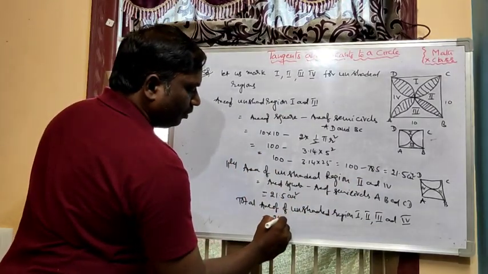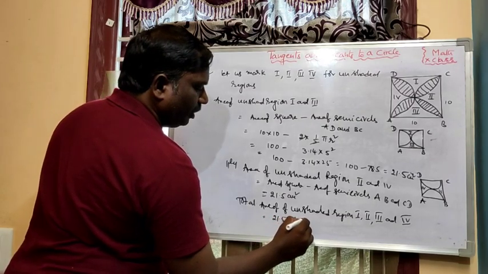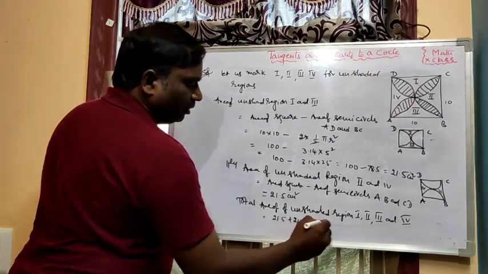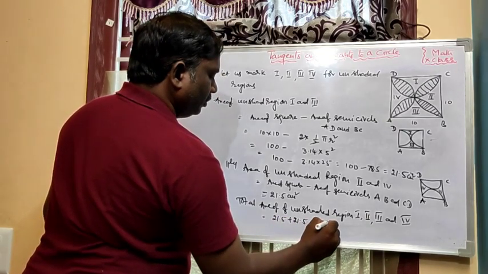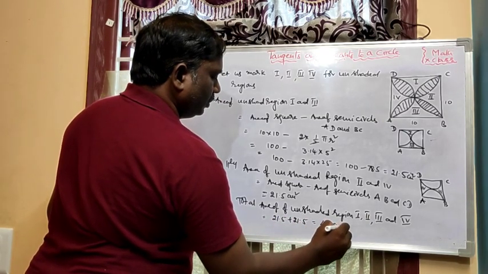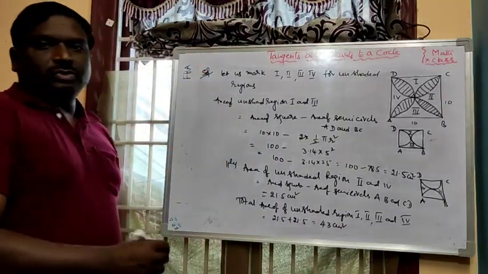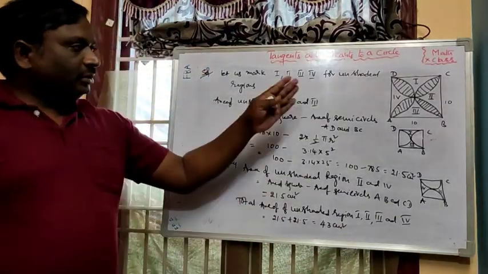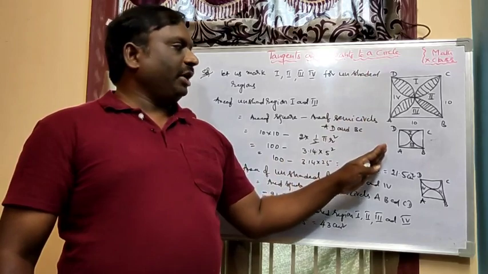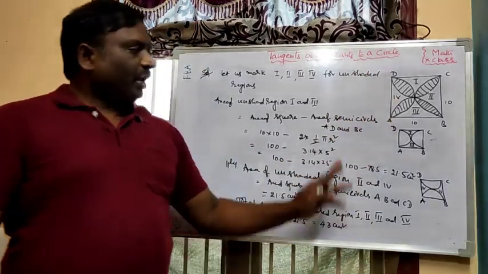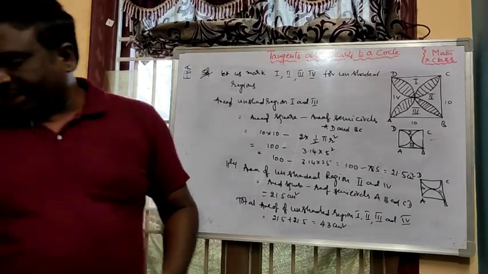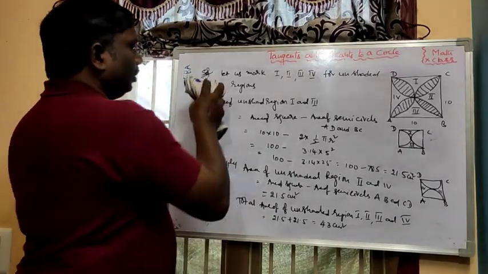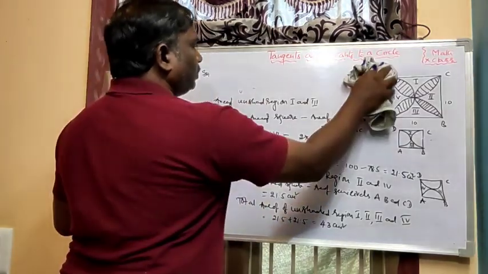So the total is 21.5 plus 21.5, that is 43 centimeter square. So that is the total unshaded region. We need to subtract: area of square minus area of unshaded regions. Unshaded regions, what? For 100 minus 43. Almost completed the solution.